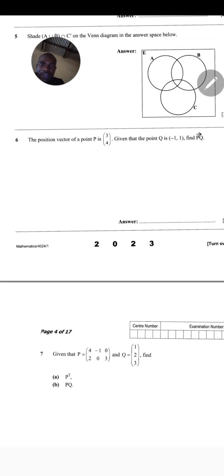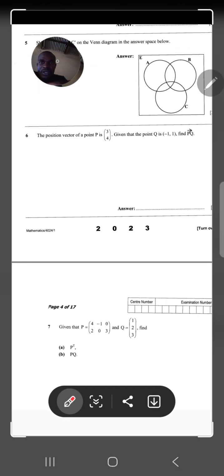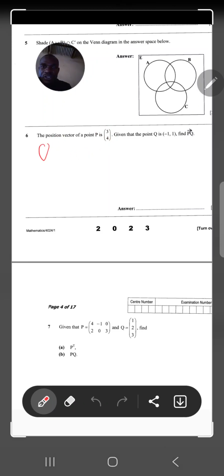All right, so to solve this problem, they say the position vector of P, meaning position vector, we are going to show it like this. Position vector is 3 and 4. That is that of P.